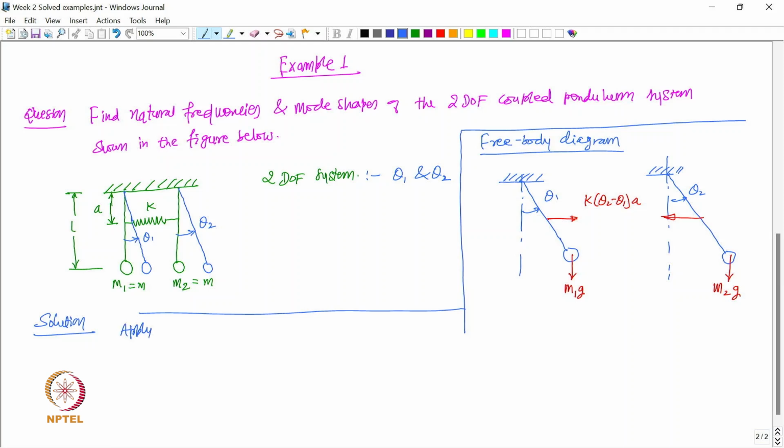Applying Newton's law to pendulum 1, right. So of course this is pendulum 1, and this is pendulum 2.